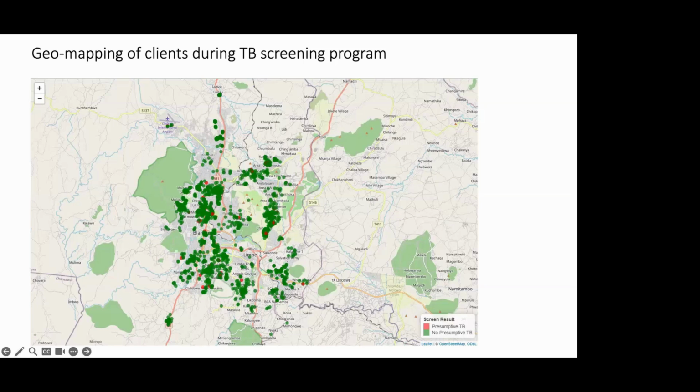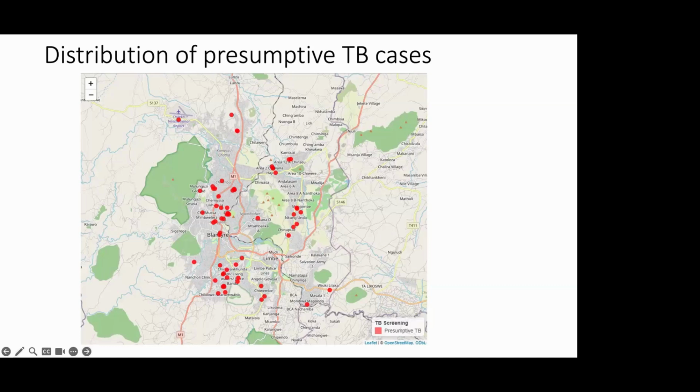And basically, they've been able to map out in red the presumptives and green the cases. And therefore, we could start to build up a map of where the hotspots are. This one pertains to Blantyre. Next slide. Next slide. The same things, just what we could potentially do with it and what it means for us overall.